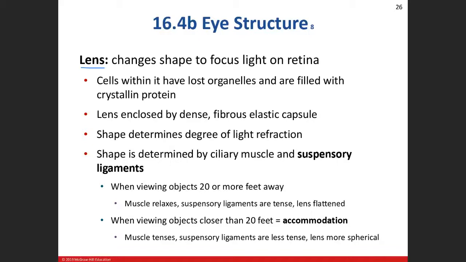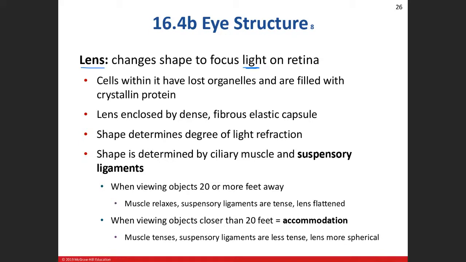The lens here, we'll talk more about the lens in lecture, but it's the lens's job, just like in a camera, to focus, okay? Specifically, it's going to focus the light onto that fovea centralis.